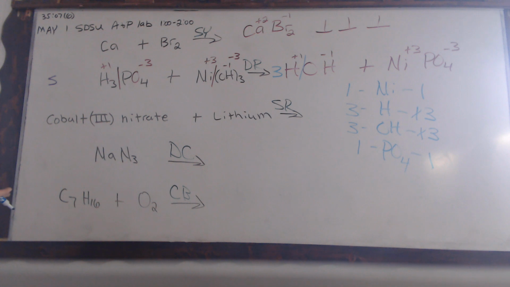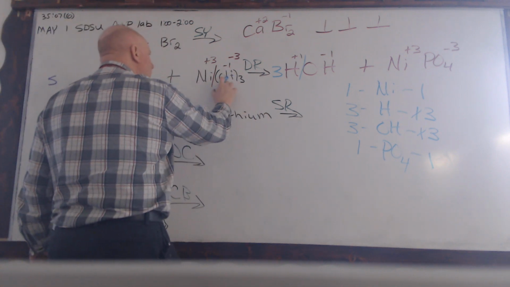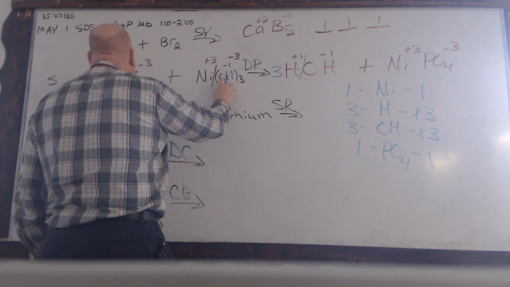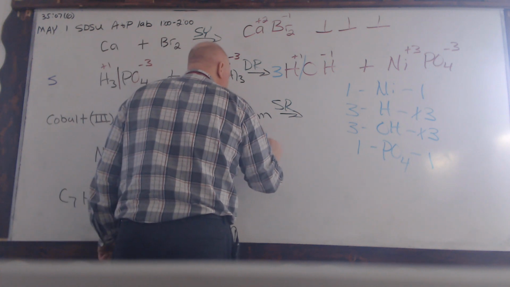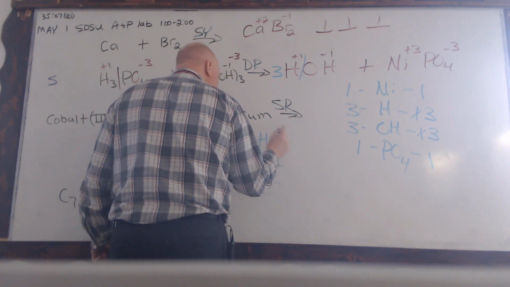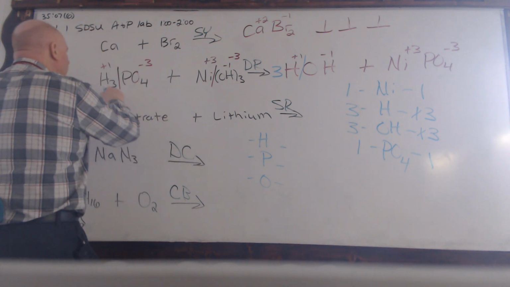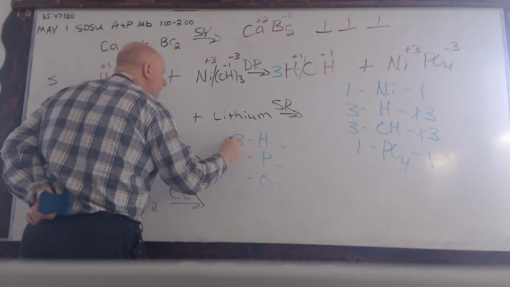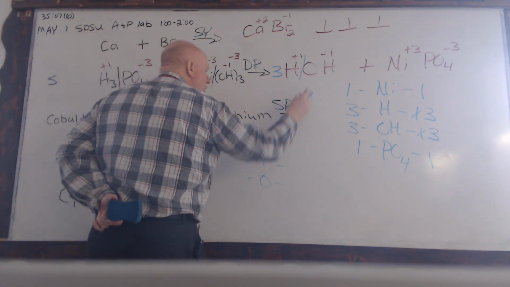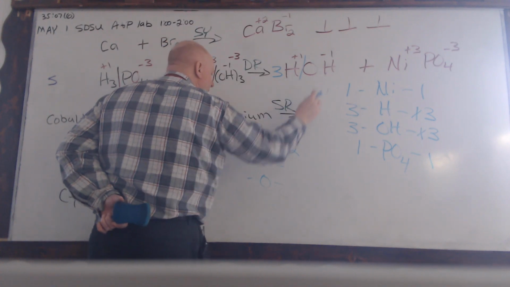Even if you had decided to split these apart, we could say hydrogens, phosphorus, and oxygen, for those of you who maybe want to keep them separate rather than together. So that's 3 hydrogens, and then we've got 2 over here, 1 there and 1 there.